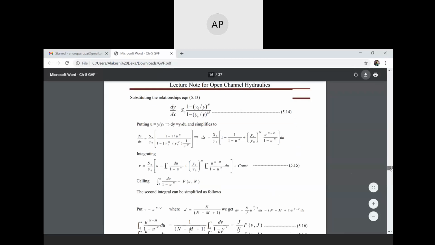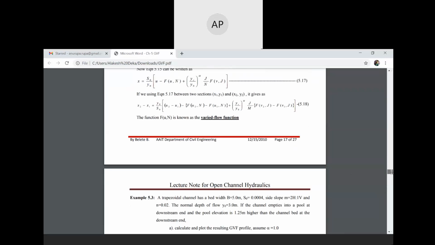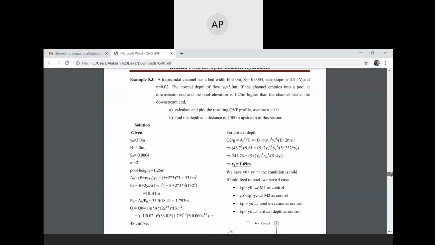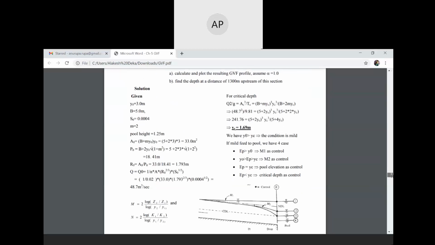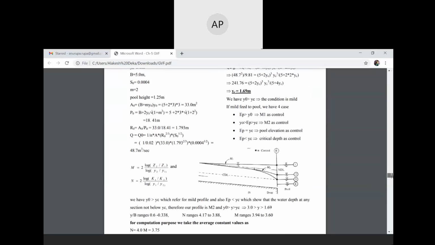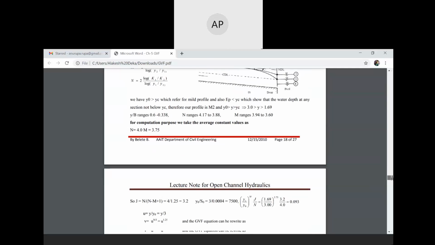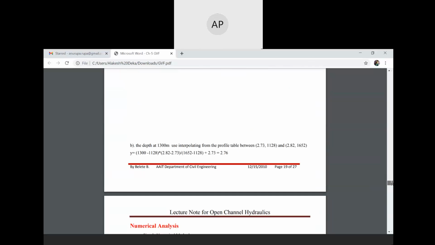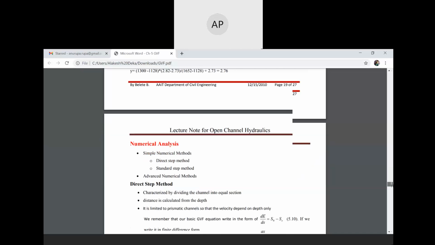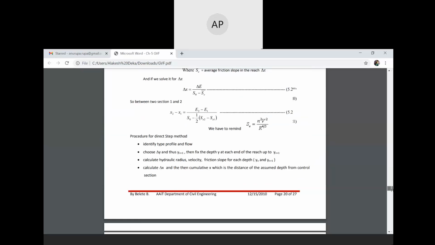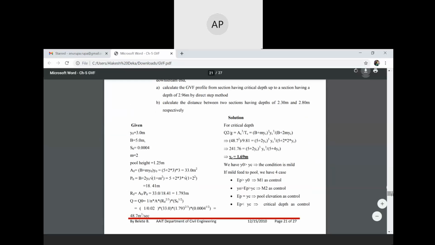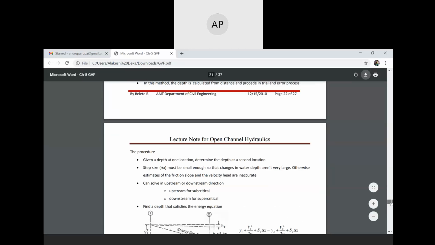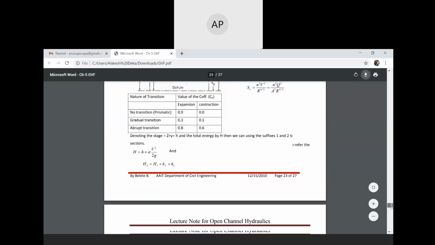So generally the direct integration method, the details of the methods are not required. Direct step method procedure.